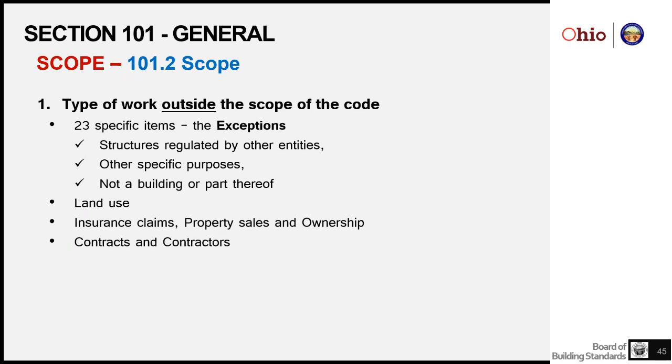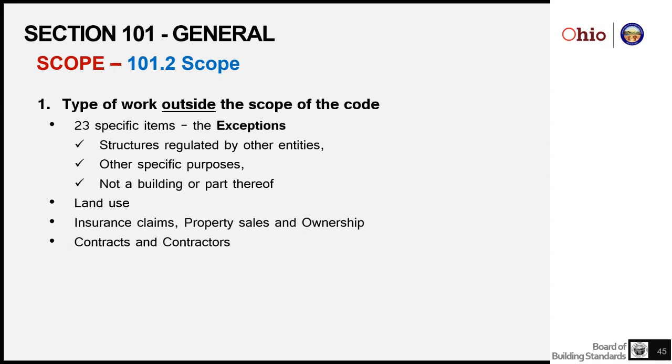The building codes are not really written about who pays. They're written about what is safe and sanitary. Again, property sales, ownership: the building can change owners and it does not trigger the building code. A change of use triggers the building code and compliance, but not ownership.